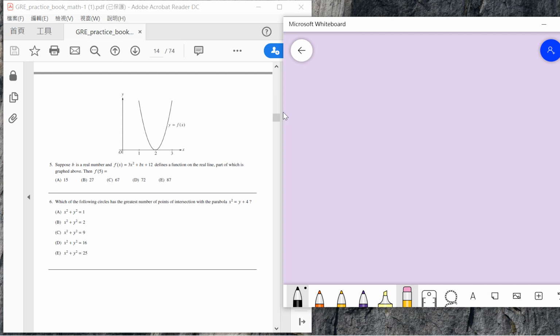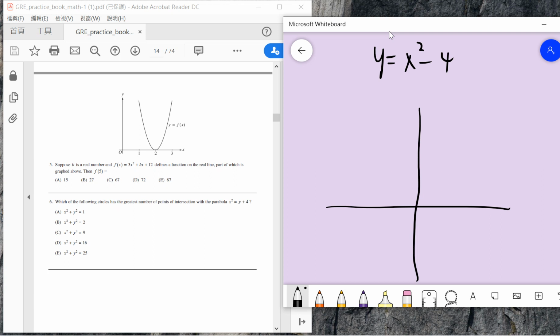Which of the following circles has the greatest number of points of intersection? So y is x squared minus 4. You need to draw it, like 1, 2, 3, 4. I recommend that when you draw the graph, you draw it very carefully, because it will affect your mind and change your decision. So x squared plus y squared, this is the first circle. No solution.